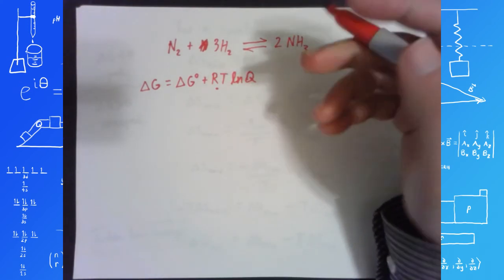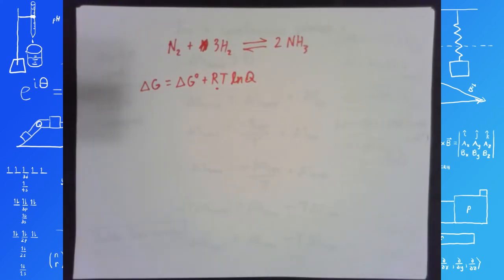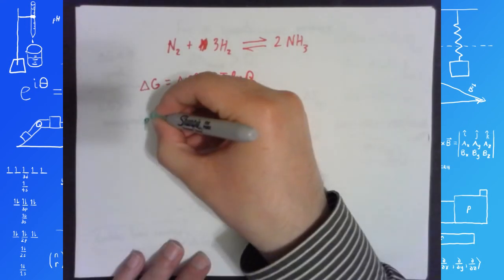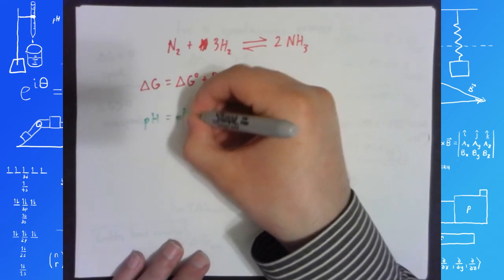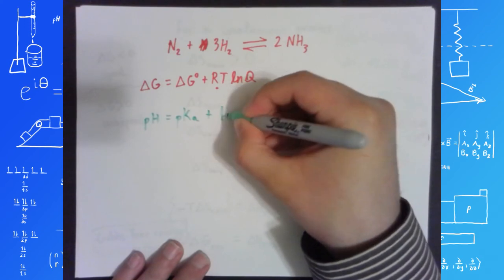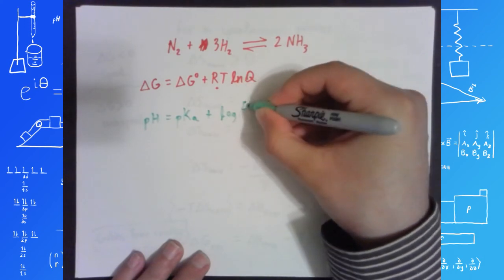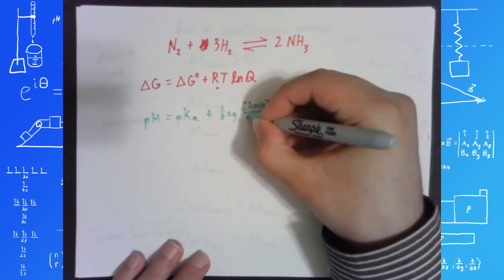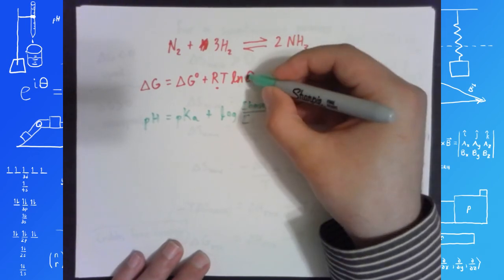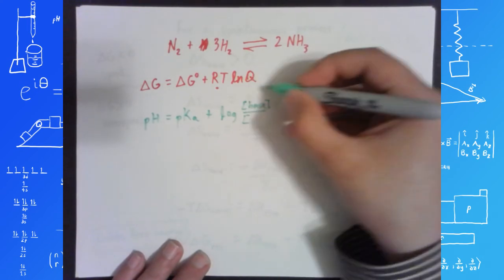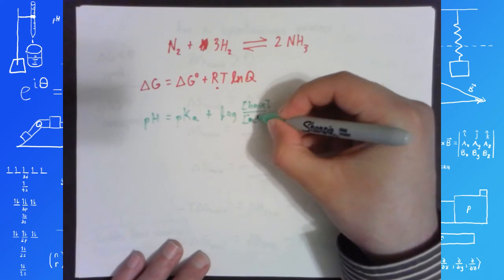So this actually bears a resemblance to the Henderson-Hasselbalch equation, the same way that pH equals pKa plus log base over acid. Instead of log base over acid, you've got the natural log of products over reactants. That's what the reaction quotient is.